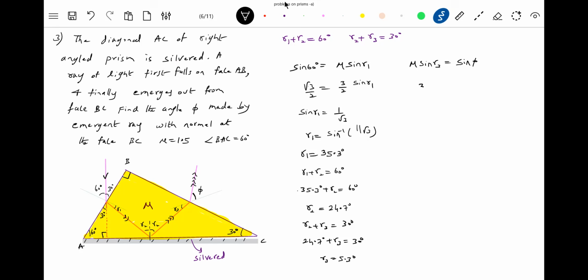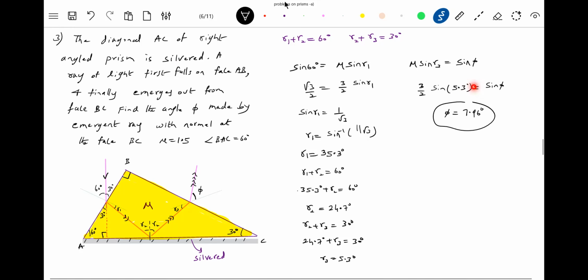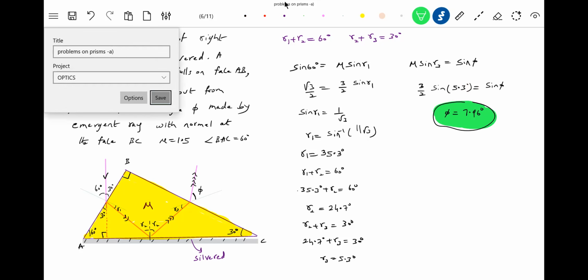Mu is 3 by 2, so 3 by 2 sine of 5.3 degrees equals sine phi. Solving this, I'll end up with the answer. Again, check once the way of writing equations here.